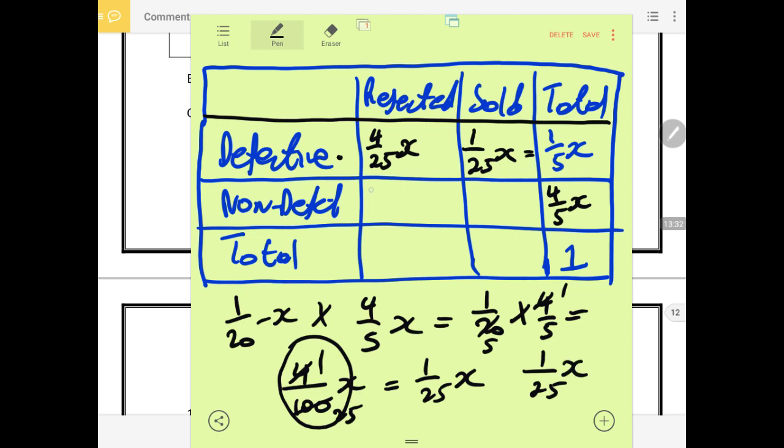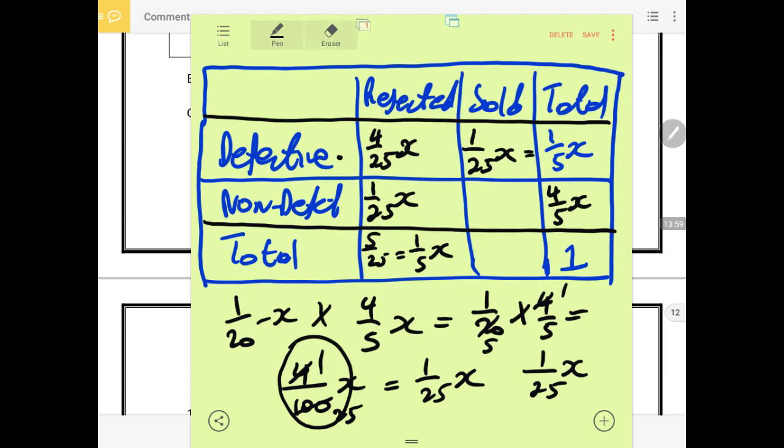That was going to be 1/25X. So of these ones, they are telling us that 1/20th was rejected by mistake, which in this case is the 1/25X that was rejected by mistake. That means here 4 plus 1, it will be 5 over 25, and 5/25 will give us 1/5X.